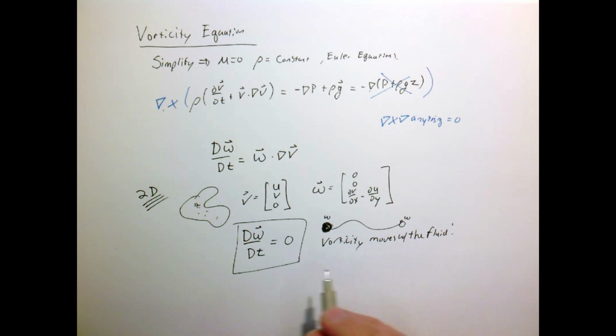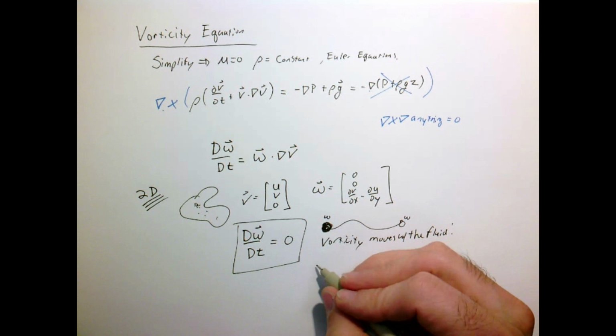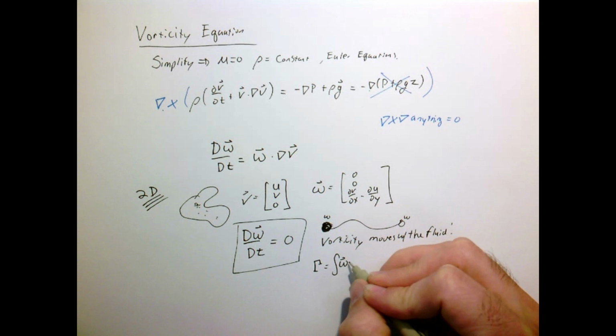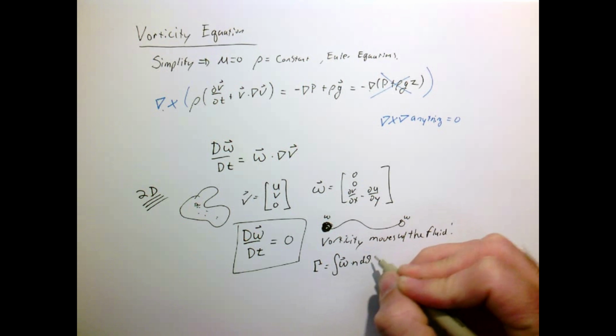Another useful thing that we can get in 2D is we can look at the circulation. Remember, the circulation was just defined as the vorticity integrated over some patch.